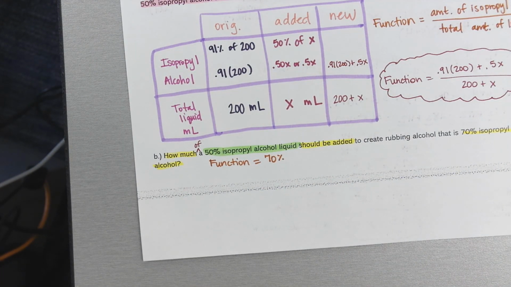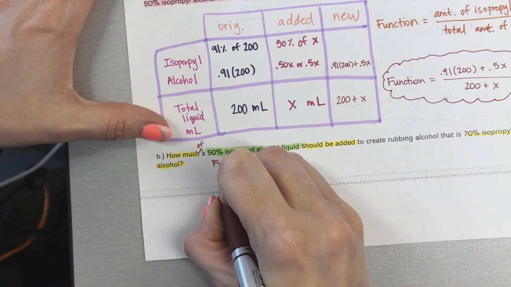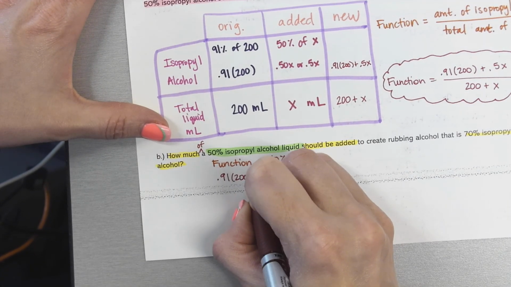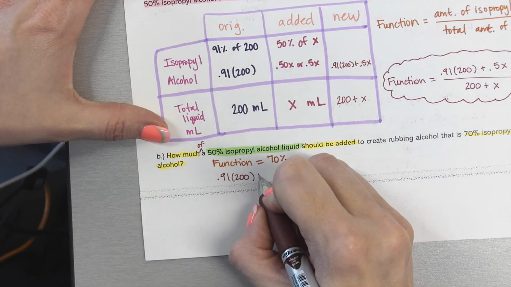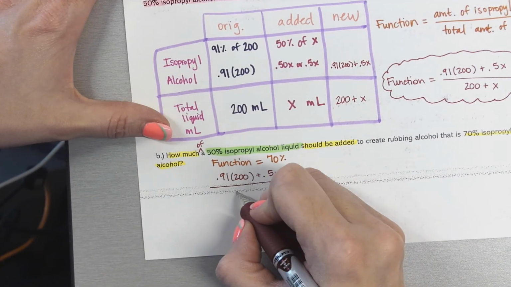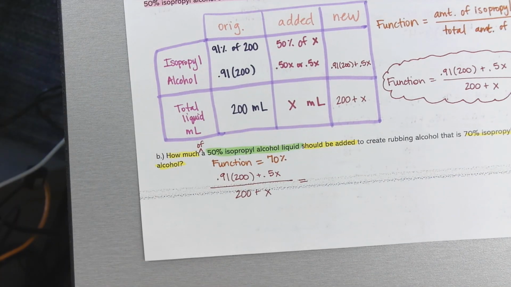So if we set our function equal to 70%, we're going to write that as a fraction. So again, we can use the skills we've been working on in this section. So our function is 0.91 times 200 plus 0.5x over 200 plus x. And then 70%, how can you write a percent as a fraction?